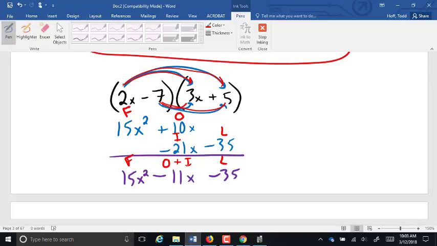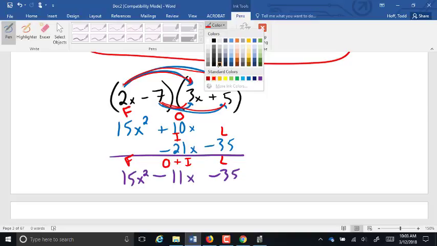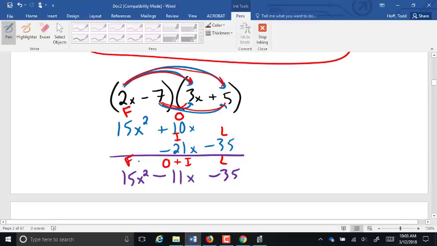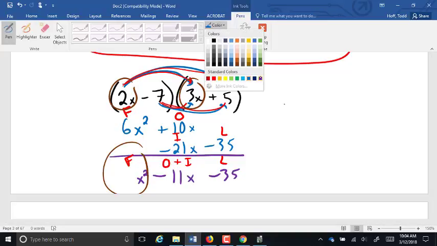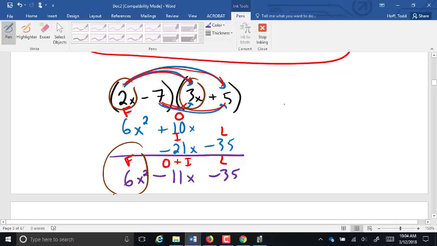On Wednesday, what we're going to look at is now reversing that process. If we know that this digit had to come from a combination of these two, how did I do 2 times 3 and get 15? Maybe that should be 6x. That might make more sense. 6x squared.